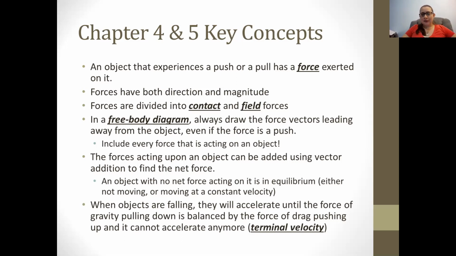A free body diagram is a picture that shows all of the forces acting on an object in the direction that they are acting and to scale as best as you can, right? So we want to label all of those forces.